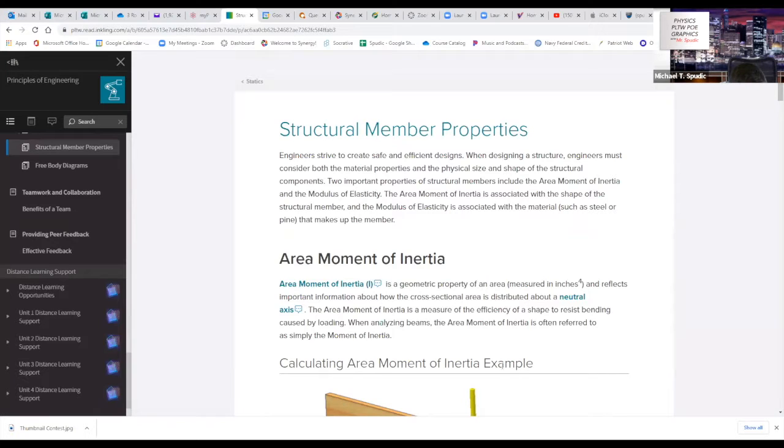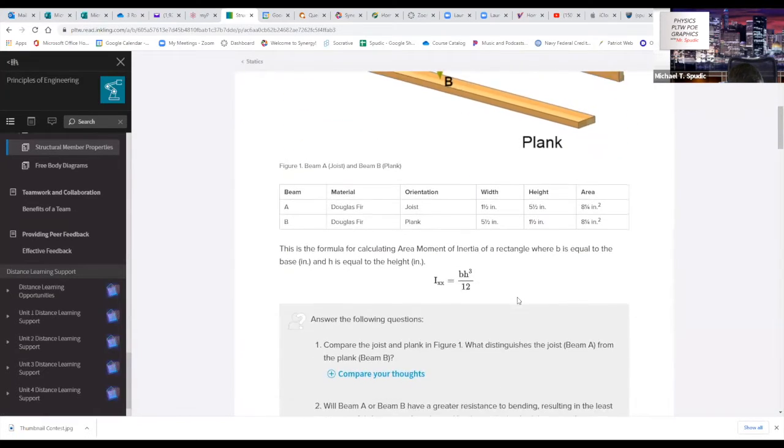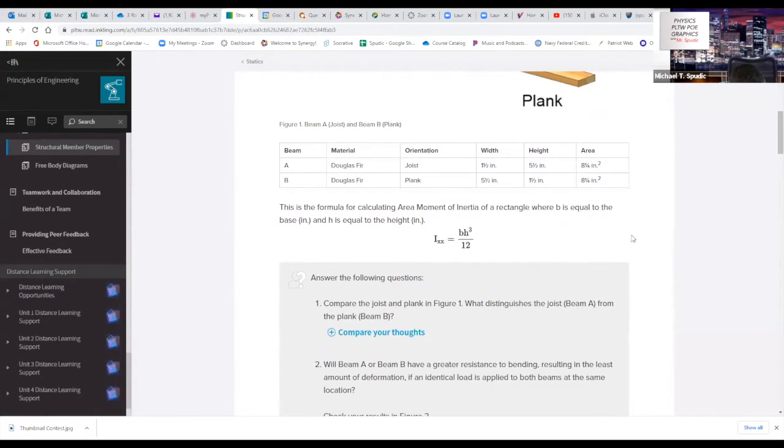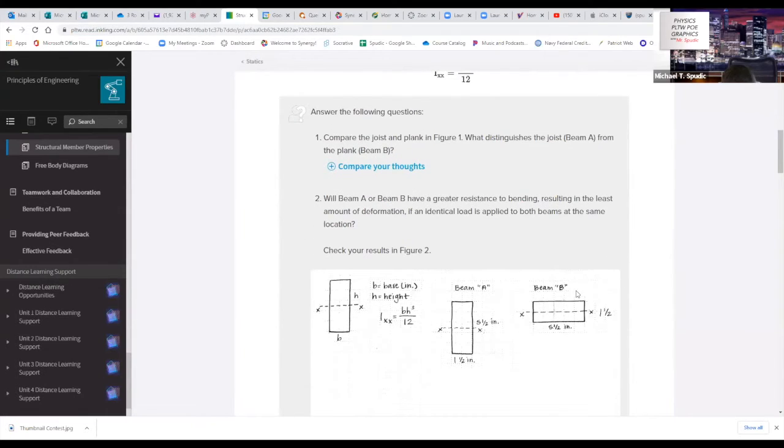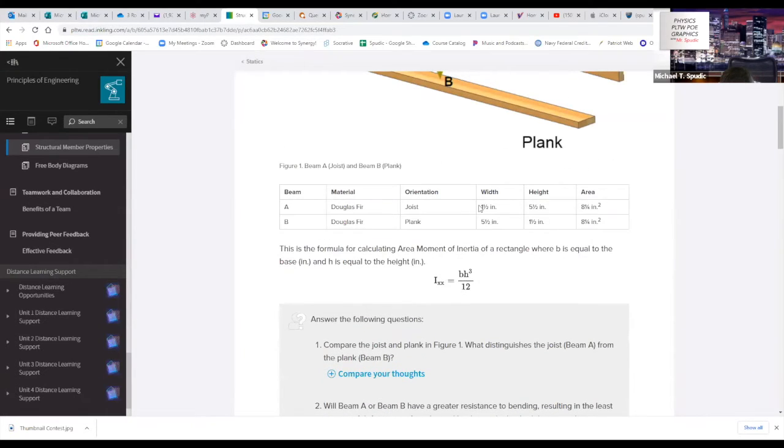Okay, all right, ladies and gentlemen. So this is what I want you to do. I would like you to do your calculations. Now, notice how we are given the width and the height, which is really going to be base and height. Maybe they should have done base and height, considering we had an equation for base and height.